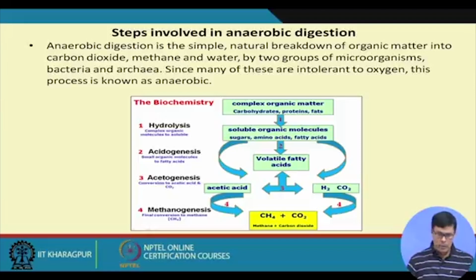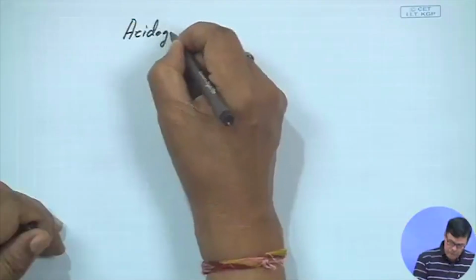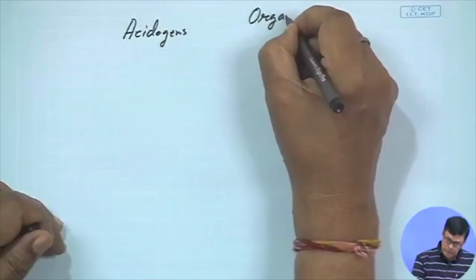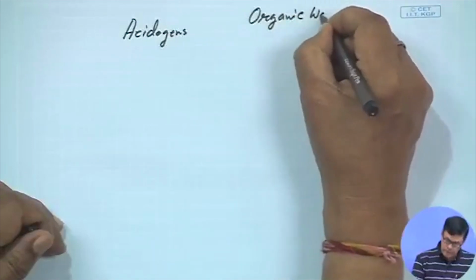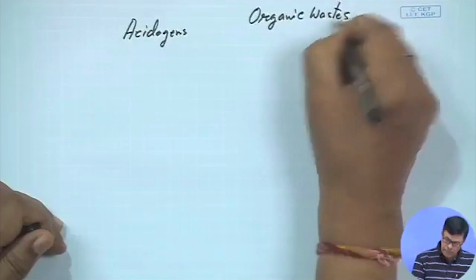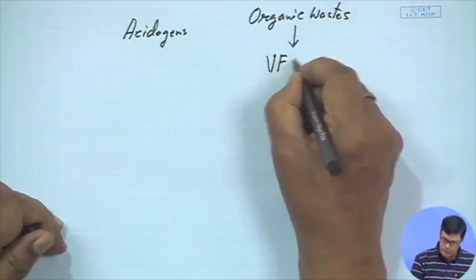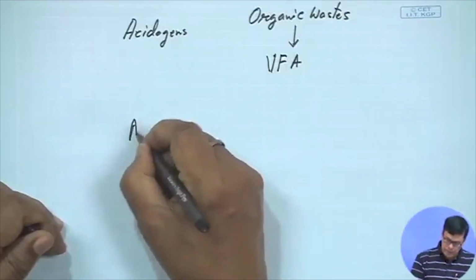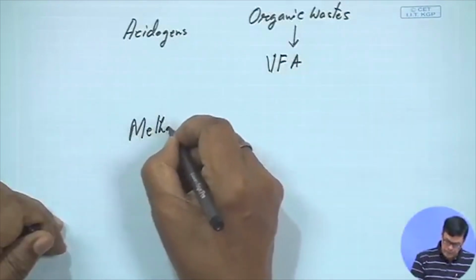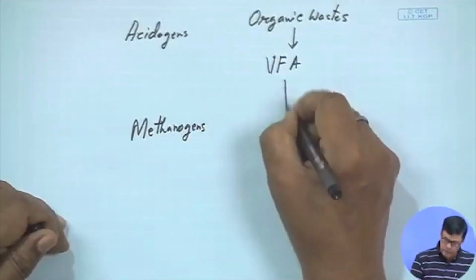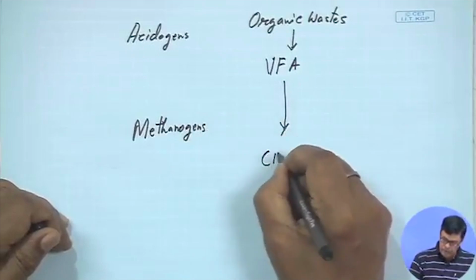The acidogens convert organic waste to volatile fatty acids, and the methanogens convert these to methane and carbon dioxide.